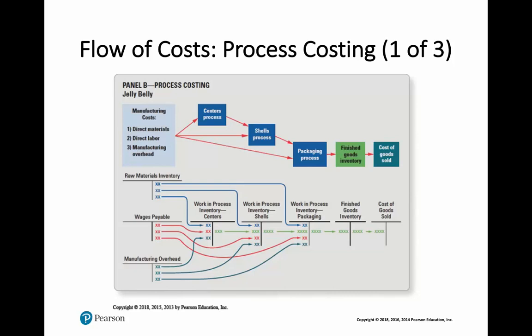The other key difference is that as our batches are moving through the physical manufacturing process, once it gets done with center processes and it goes to shell, in the accounting system we're going to move it from work in process inventory centers to work in process inventory shells. So that's the other key difference: we have multiple work in process accounts and the costs are going to follow the flow of the physical manufacturing in the accounting system. So that's our difference there.